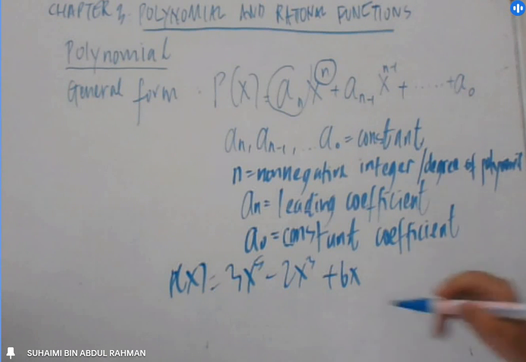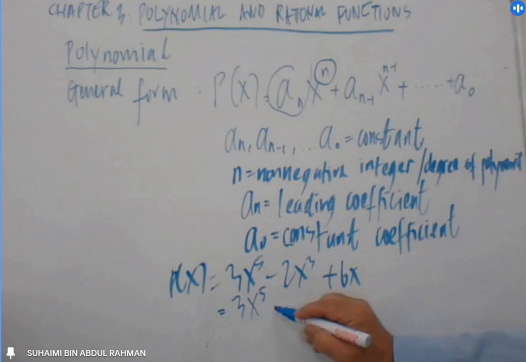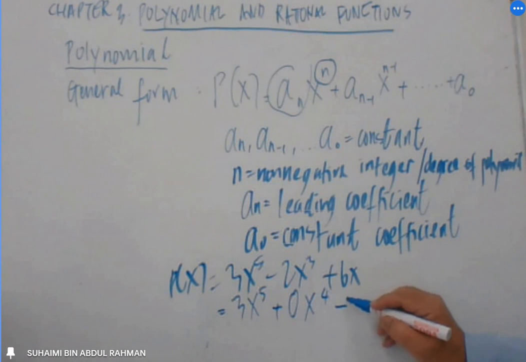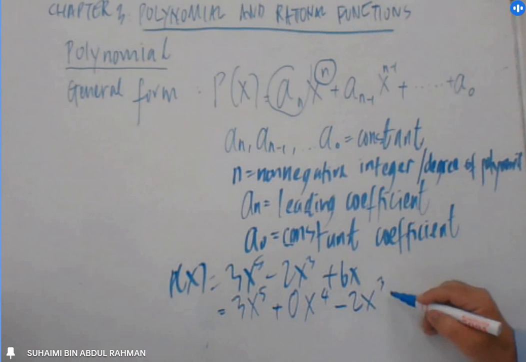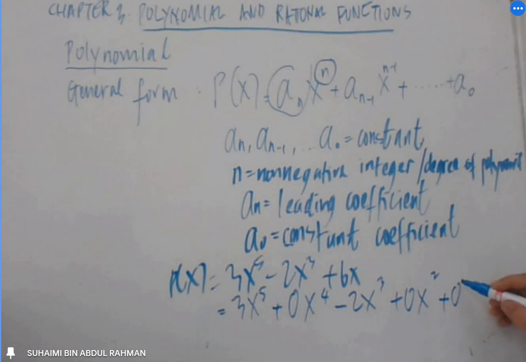It is like we write 3x to the power of 5 plus 0x to the power of 4 minus 2x to the power of 3 plus 0x to the power of 2 plus 6x plus 0.